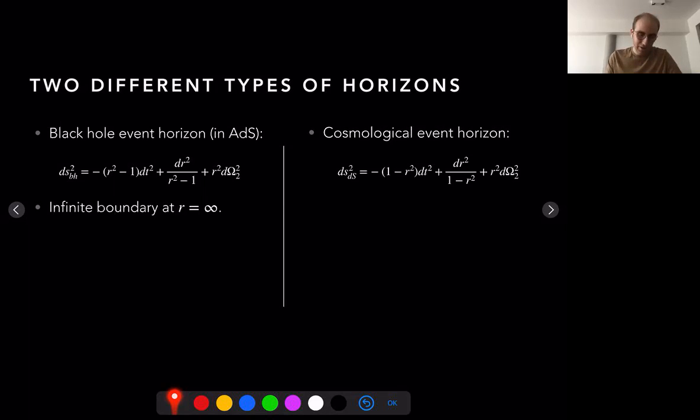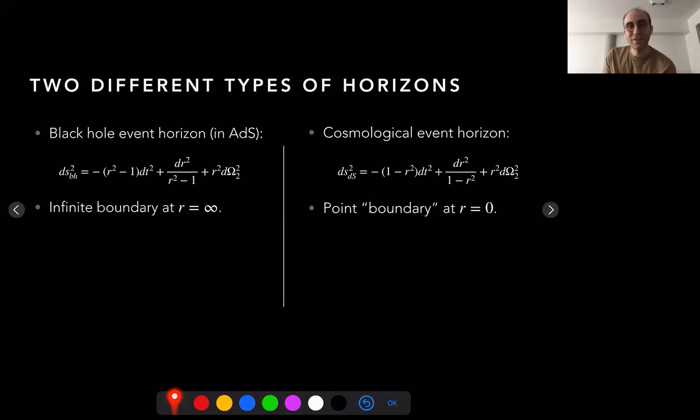So we know the black hole in AdS, we have an infinite boundary when r goes to plus infinity, and that's the boundary of AdS. And that's where we like to put our observers of the dual boundary theory. The cosmological horizon is different because, as I was telling you, r equals 0 is just a point.